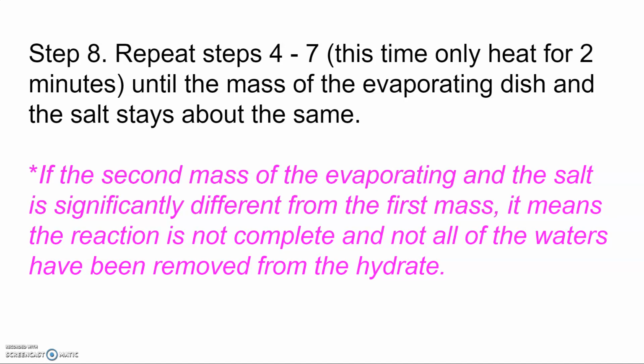They're really close together. The reason that's important is because if there were still waters left on it after your first weighing, you heat it again, you'll be removing those remaining waters, and so the mass will change significantly. That means you still had some more waters on it. So you've got to double check to make sure you removed all the waters, and do it again. You're going to keep doing it until the masses are about the same.